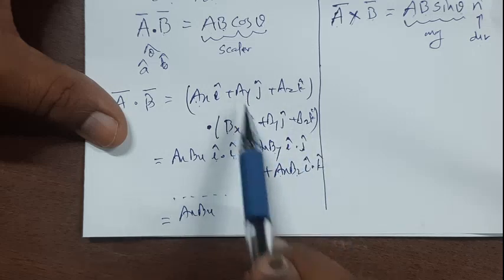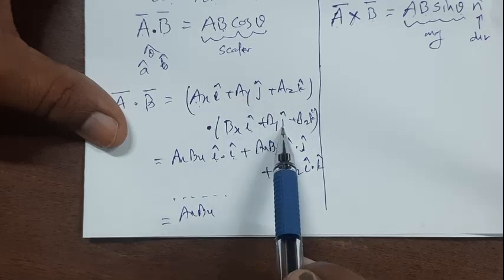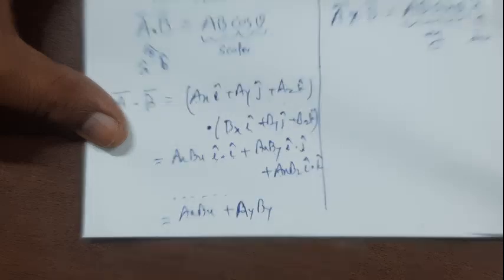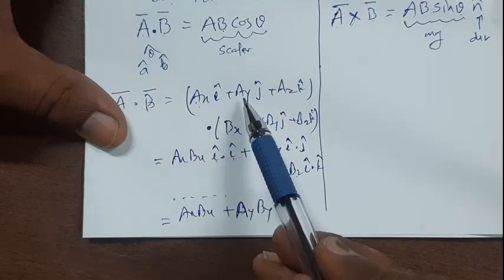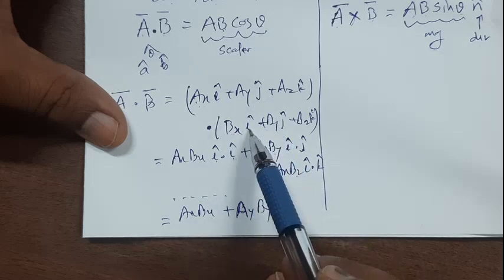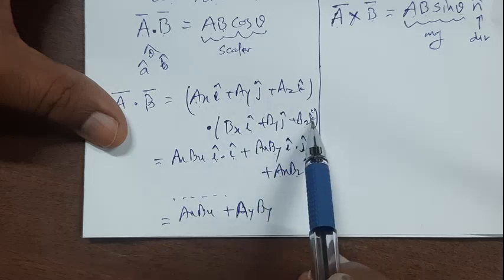But what happens for AY BY? For AY BY, there will be J cap dot J cap, which is equal to 1, and hence that term remains as it is, therefore this will be AY BY. Remaining two terms, AY BX J cap dot I cap will vanish, AY BZ J cap dot K cap will vanish.